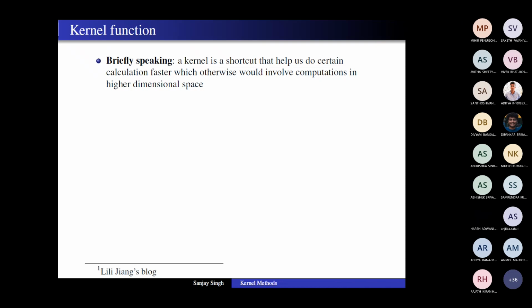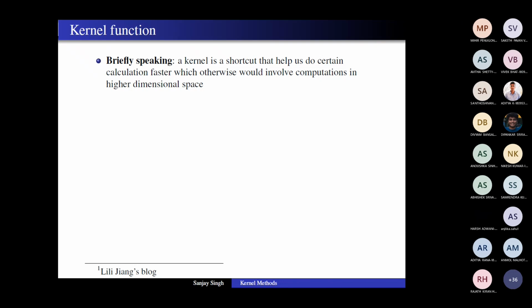So first we'll talk a little about this kernel function. I'm taking a little digression just to get an idea of how using a kernel trick helps to speed up the computation. Let me talk about it briefly: a kernel is a shortcut that helps us to do certain calculations faster, which otherwise would involve computation in higher dimensional space.